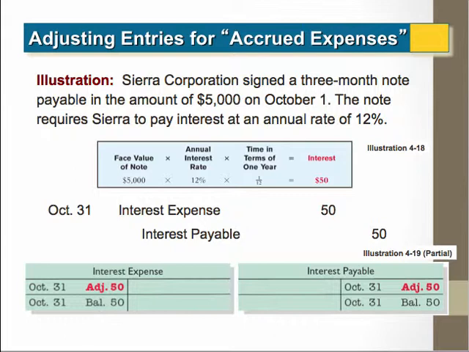So we are looking at $50 of interest recognized each month on that note. So at the end of October 31st, we need to increase the interest expense account by $50, and we have to increase the liability account called interest payable by $50 with a credit. By doing this, we will be recognizing that we have received a benefit of $50 of interest for the month of October.